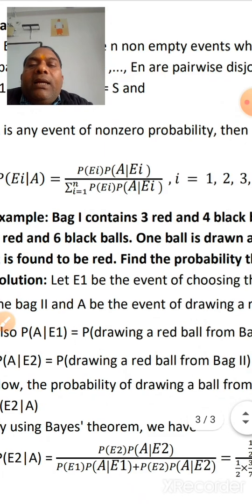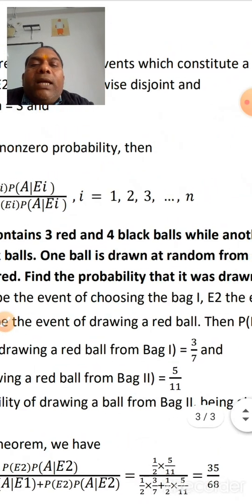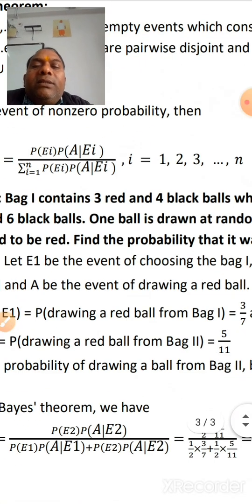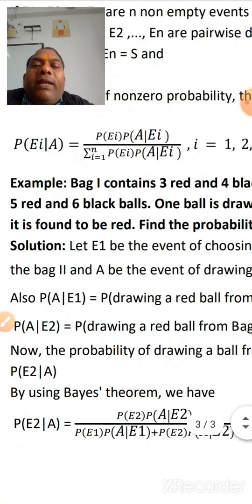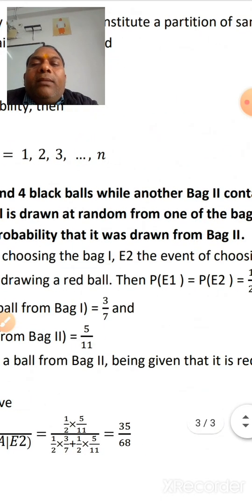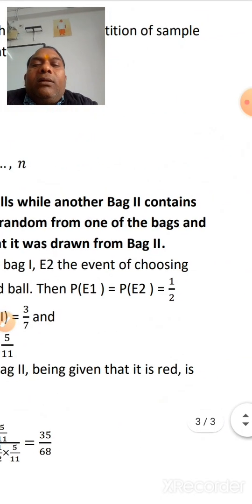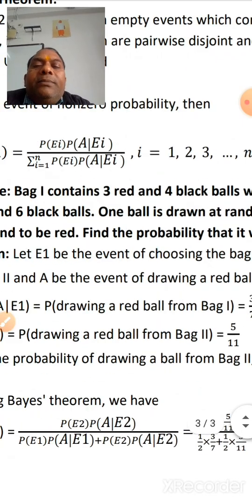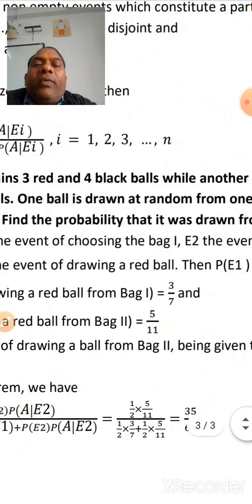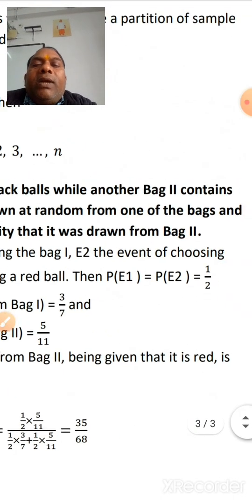Now see the example. Bag first contains 3 red and 4 black balls, while another bag second contains 5 red and 6 black balls. One ball is drawn at random from one of the bags, and it is found to be red. Find the probability that it was drawn from bag second.